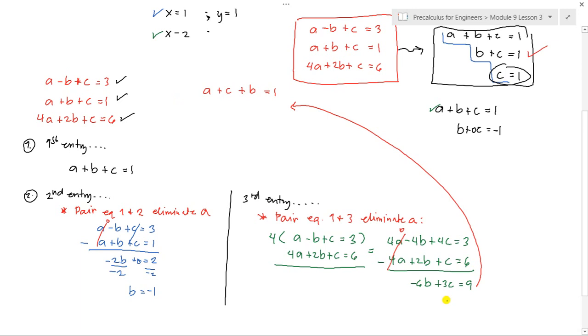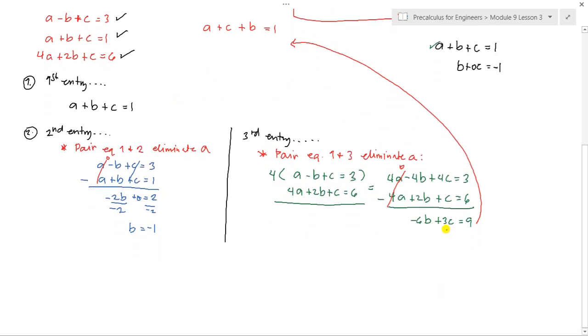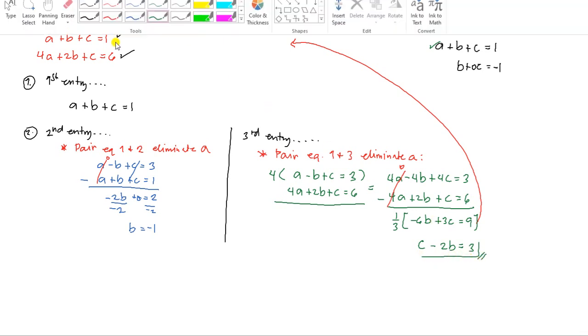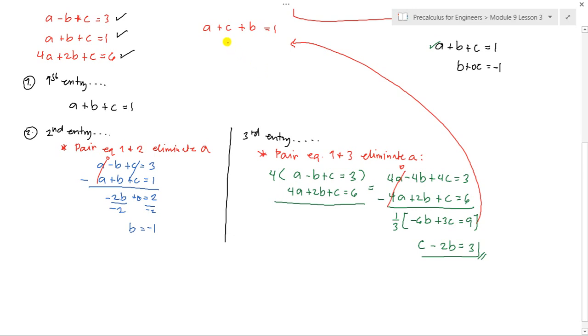So here, solving for c, we are going to multiply both sides by 1/3. So we now have c minus 2b is equal to 3.